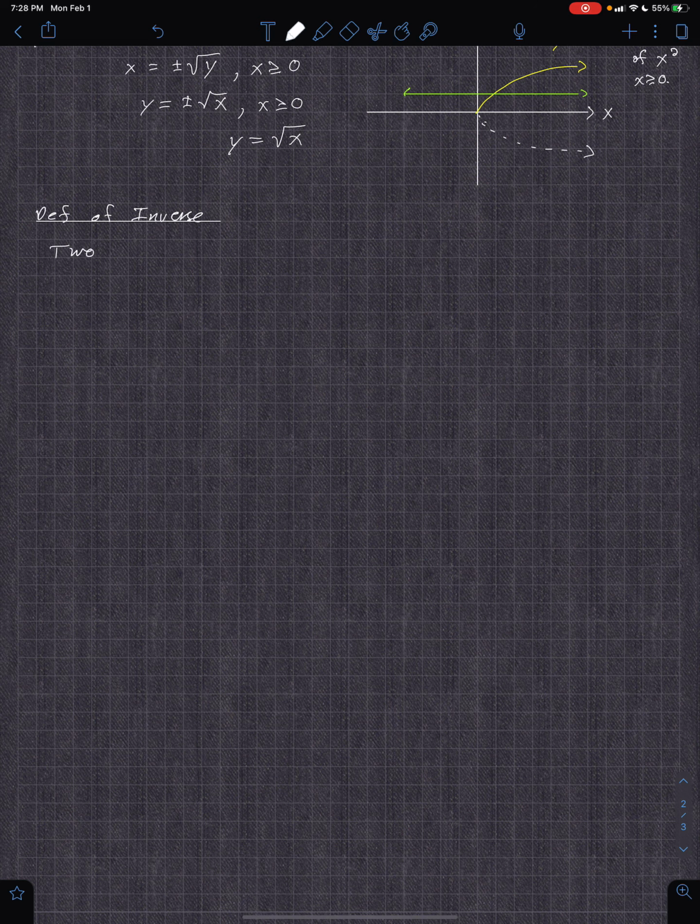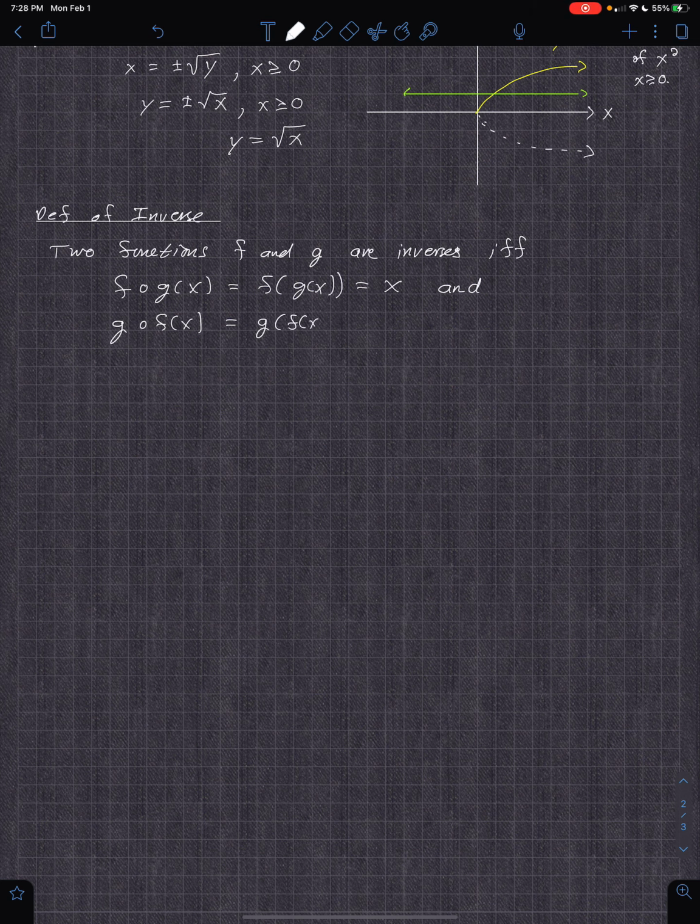So two functions, f and g, are inverses of each other if and only if f composed with g of x is equal to f of g of x, that's just the definition of composition, equals x, and the other way around, g composed with f of x is equal to g of f of x, which equals x.